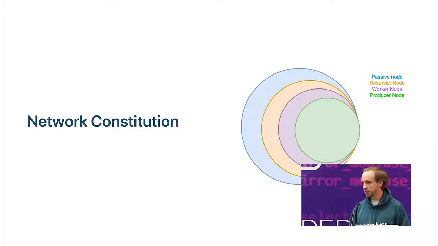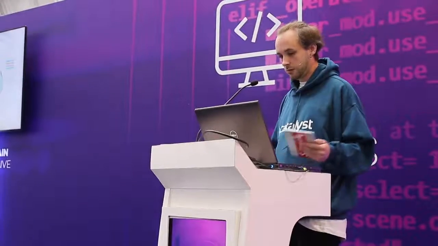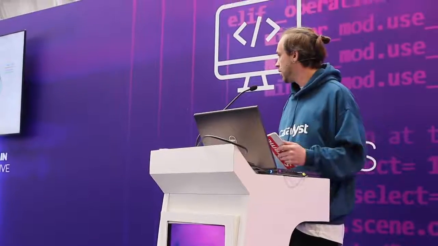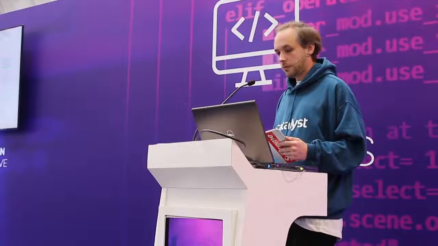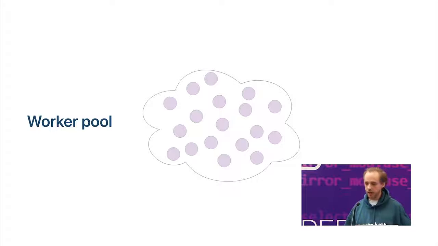This is all quite important. This all plays into the probabilistic nature of how you get selected and how you are able to produce a state update. So we've talked about this worker pool. The worker pool is, like I say, just a random selection of nodes in there.